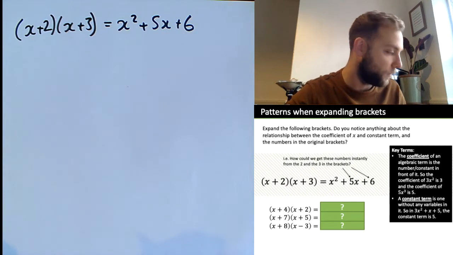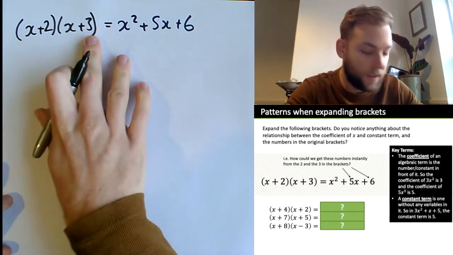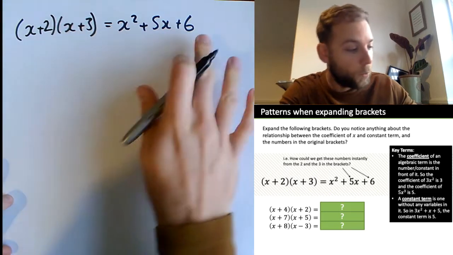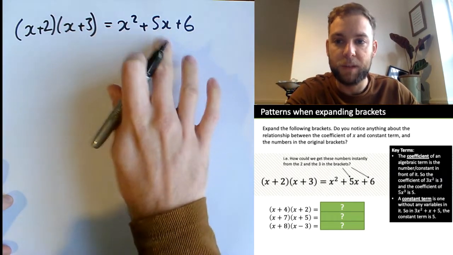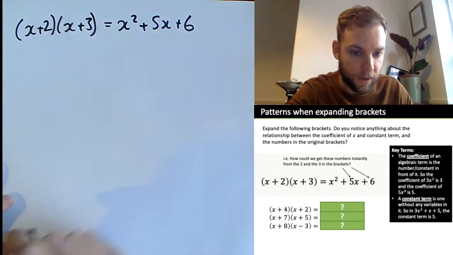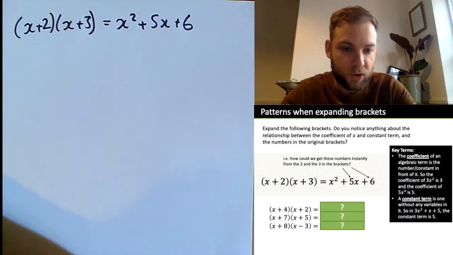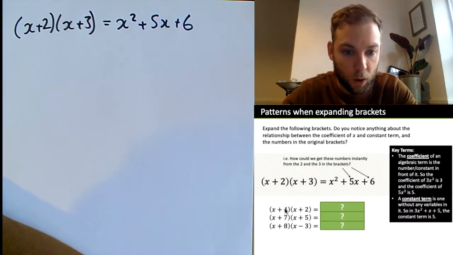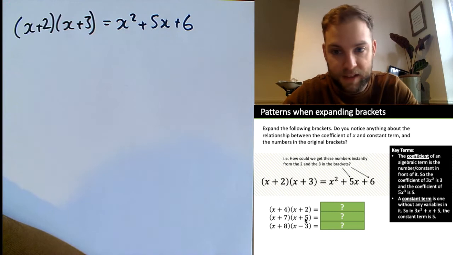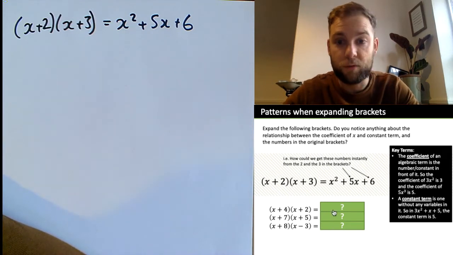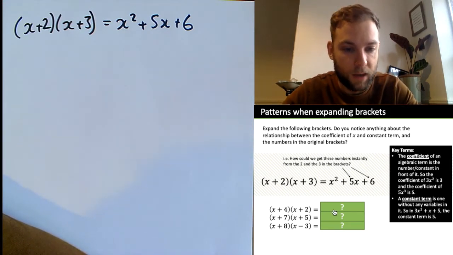So this is our brackets, this is what we want, but we're going to be starting with this. How do I get from this stage to this stage? Let's have a go. If you want, you can pause now and expand these out, but I'm going to reveal them and show you what they look like.